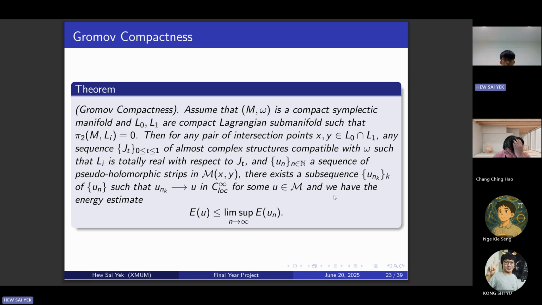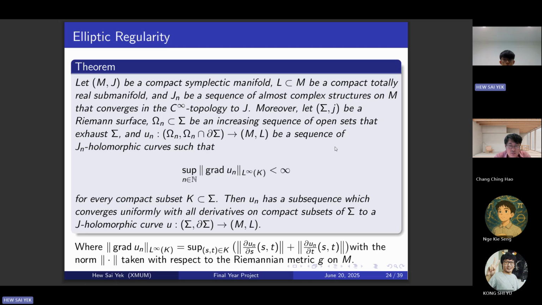This is done with a theorem called Gromov compactness. This theorem says every sequence in M has a convergent subsequence. To prove it, we need the elliptic regularity. The elliptic regularity says if the gradient is bounded for every u_n, then u_n has a subsequence converging uniformly on every compact subset of the domain.